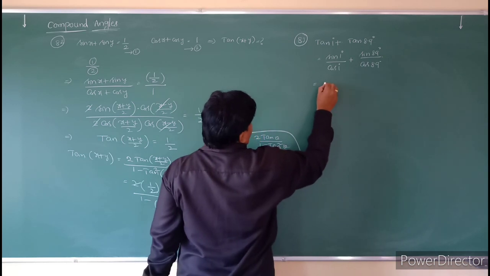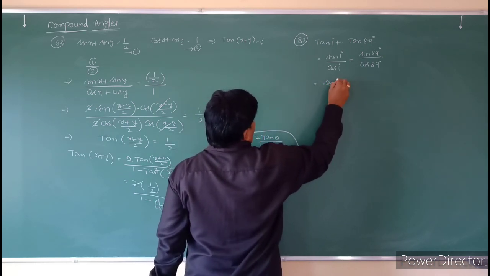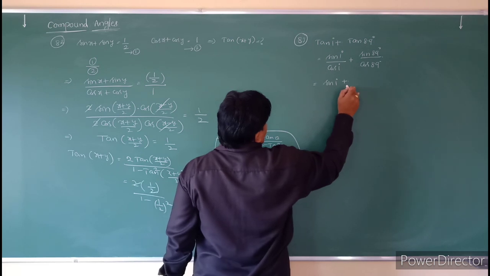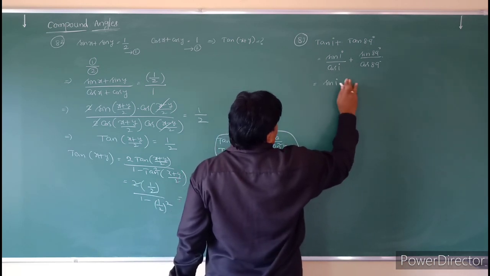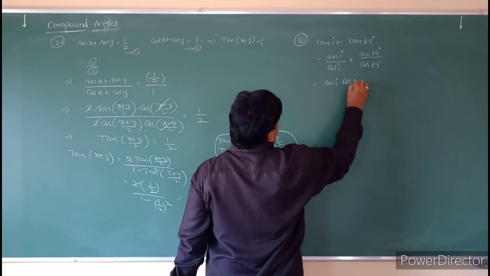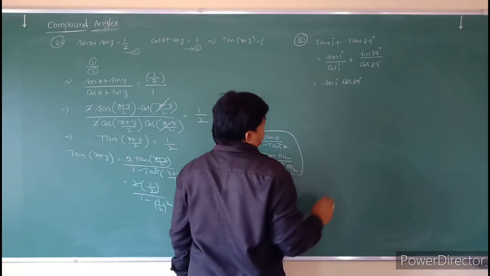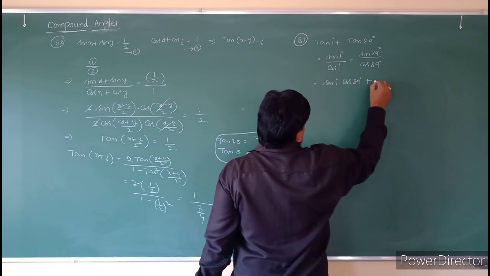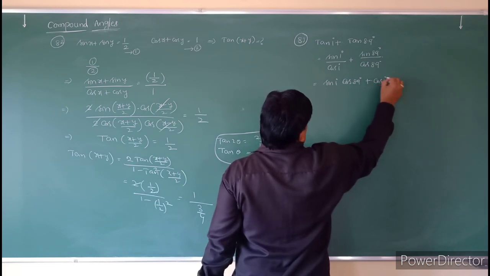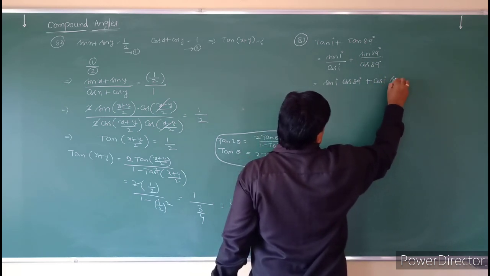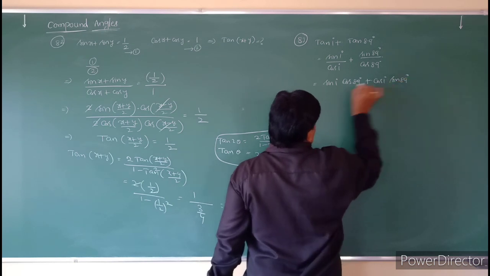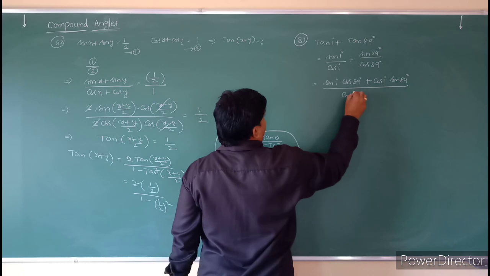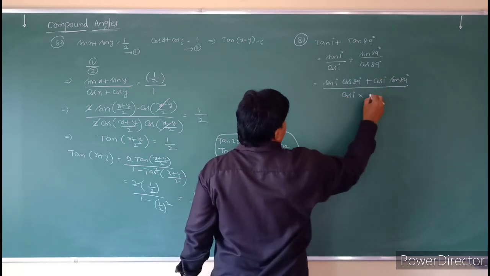What happens? That is nothing but sine 1 degree into cos 89 degrees plus cos 1 degree into sine 89 degrees, by cos 1 degree into cos 89 degrees.